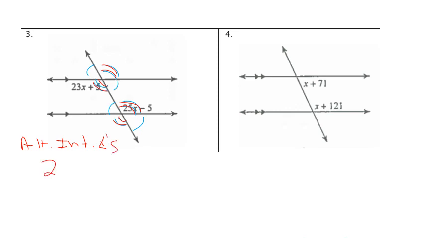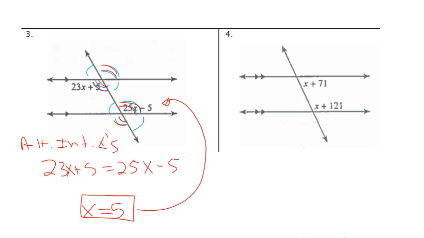And I'm just going to set them equal. If we were to go through and solve it, the solving is kind of the same thing we've been doing. You would get your x value to be 5. And then if I substitute it back in, so put 5 in for x, you would get this to be 120.